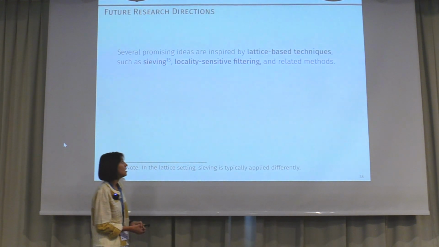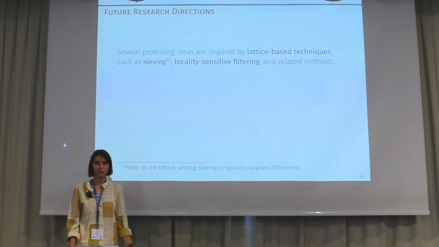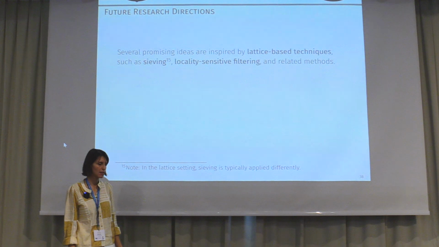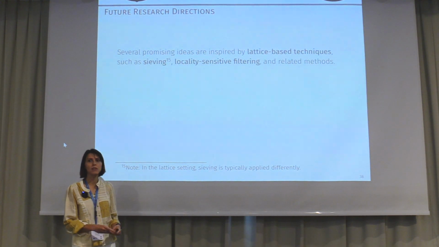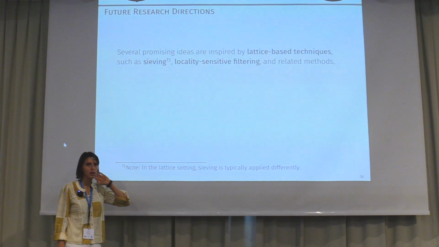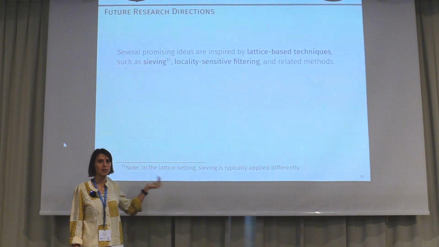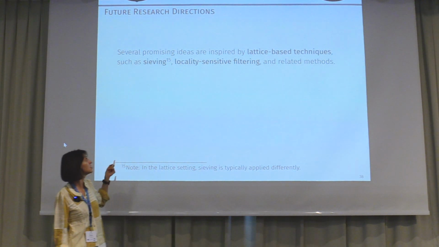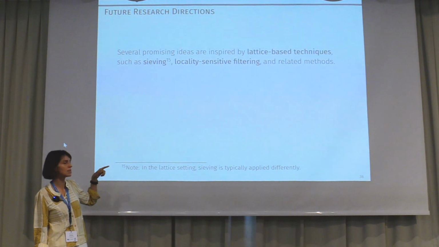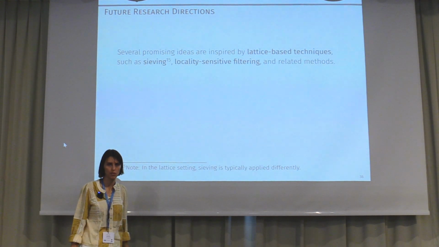And the question now is, since we have so many algorithms that are doing variations of the information set decoding, what can we expect to appear next? Some of the techniques that I described took their inspiration in the lattice-based domain. As I mentioned, the sieving, in particular the locality-sensitive filtering used as a part of the sieving, came from lattice-based cryptography.